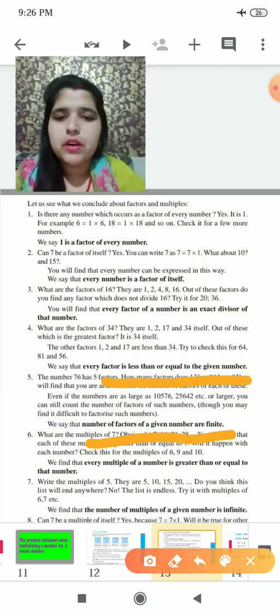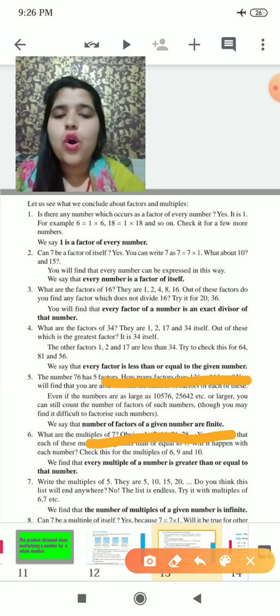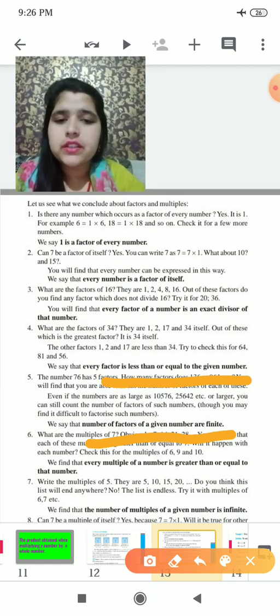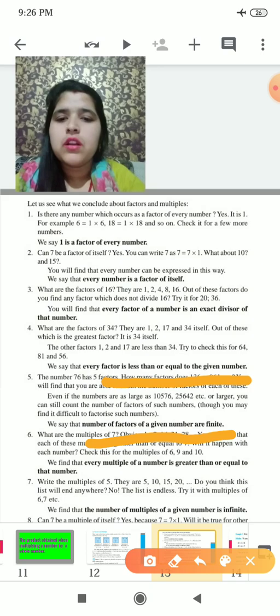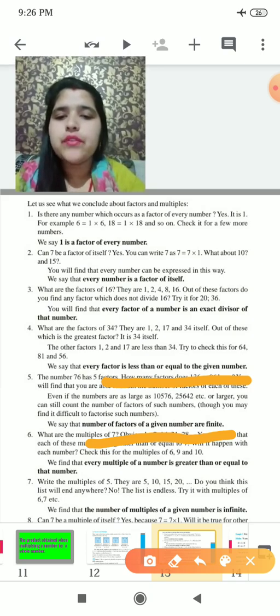Every multiple of a number is greater than or equal to that number. If we are finding the multiple of any number, it will be either greater than or equal to that number. Number of multiples of a given number is infinite.